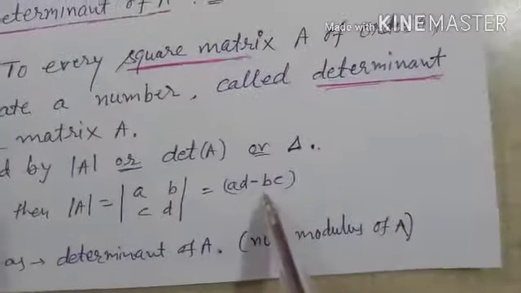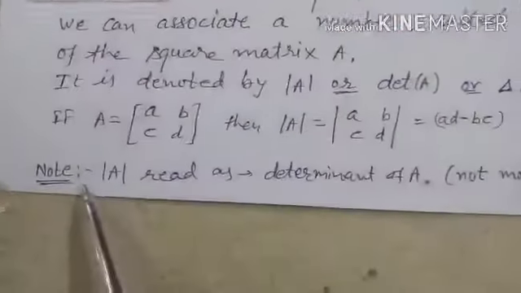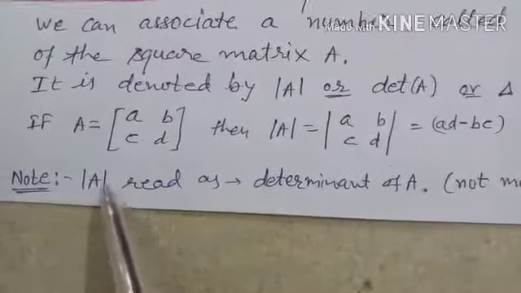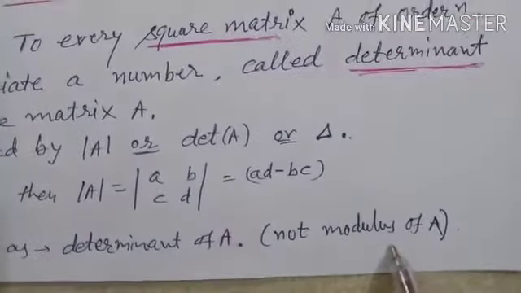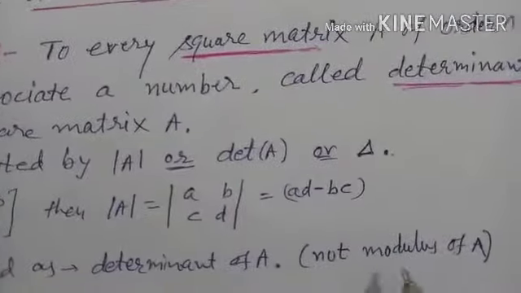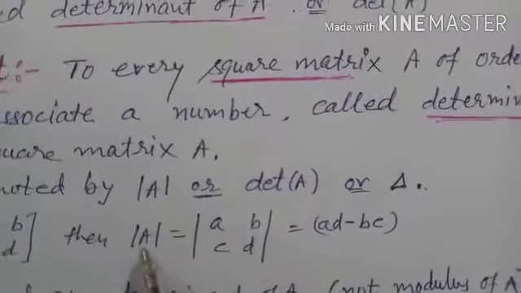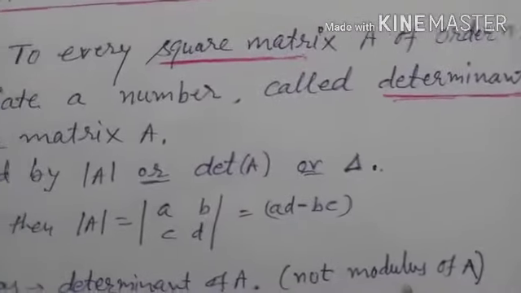This is the value of the determinant. One more note: determinant of A is read as determinant of A, not modulus of A. So remember this, this is the determinant value, not the modulus value.